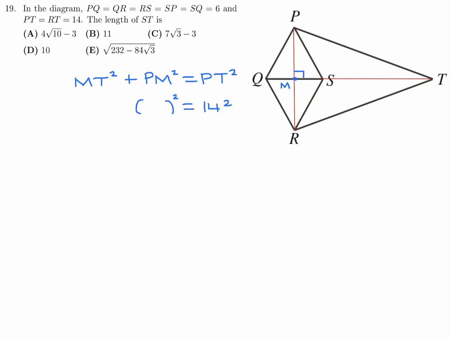And MT will help me figure out ST, because once I get the value of MT, they want me to figure out ST. So ST will just be MT minus MS. So we just have to figure out a few of these variables.